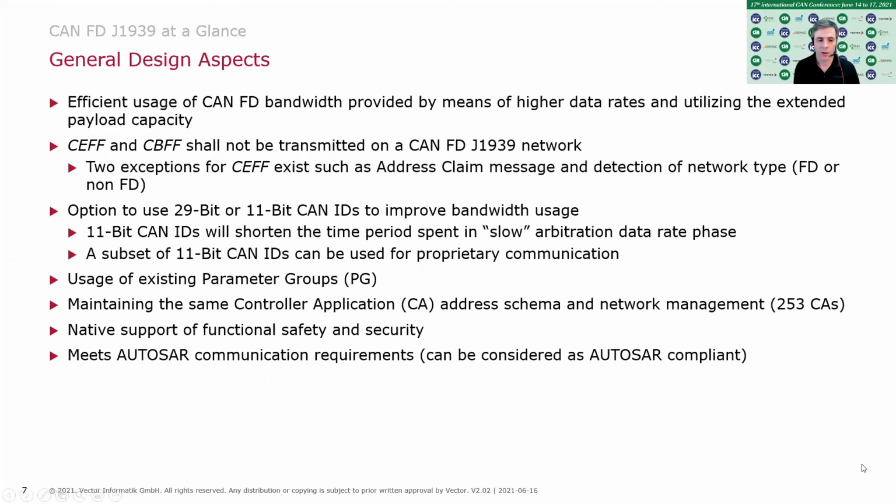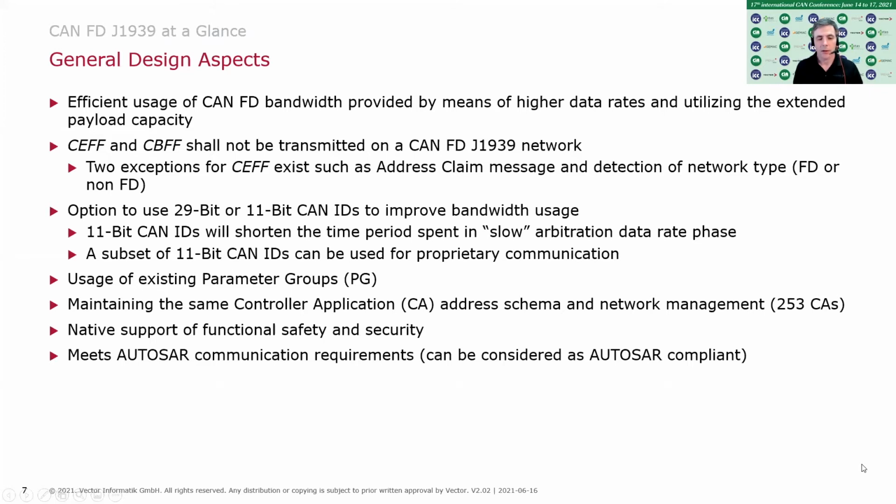This will improve the throughput and the efficiency of the available bandwidth. But it is also okay if you stay with 29-bit. It may not be a big difference, probably below 5%, maybe 2-3% bandwidth increase that you can experience if you use 11-bit wherever it is possible.